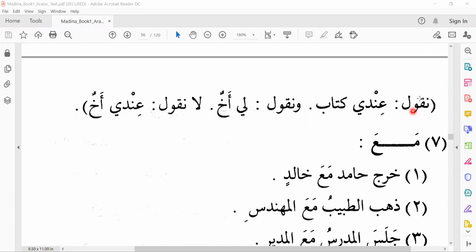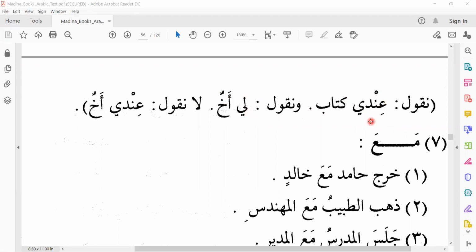Here they are just giving a note to us about where we will use indi and where we have to use li. Indi also gives the meaning of I have. Li also gives the same meaning, I have, but li we use like we own ourselves.